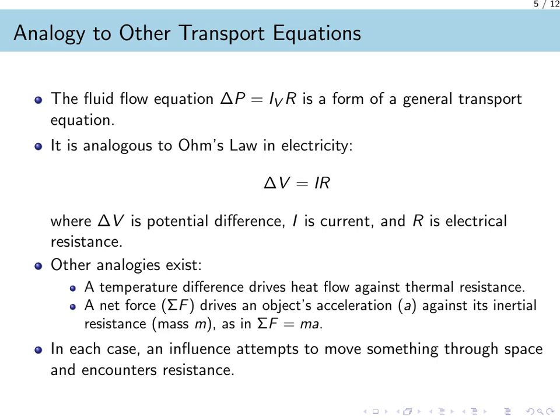For fluid flow, a pressure difference, delta P, drives a volume flow rate, which we call I sub V, against the fluid resistance, R. This is directly analogous to Ohm's law in electricity. In a circuit, an electric potential difference, delta V, drives a flow of charge, which we call current, I, against the electrical resistance, R. The equation, delta V equals I times R, has the exact same mathematical form.